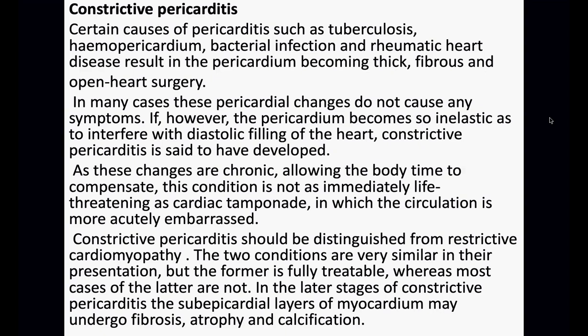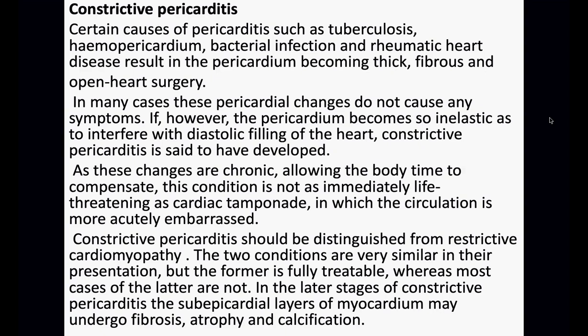Now, the end sequel of every chronic pericarditis or recurrent pericarditis is constrictive pericarditis. It occurs as a complication following TB or hemopericardium or bacterial infection and rheumatic heart disease. The result is that the pericardium becomes thick and fibrous, and it also occurs following cardiac surgery. In many cases, these pericardial changes do not cause any symptom.